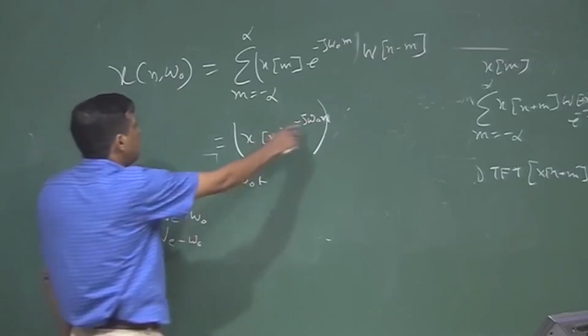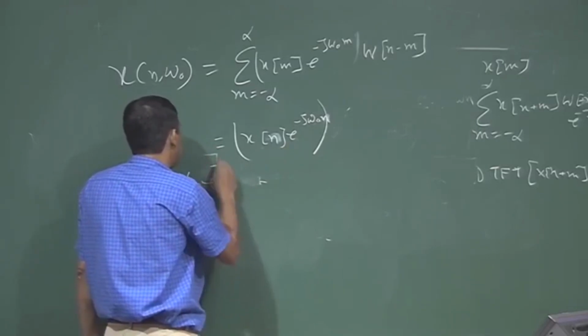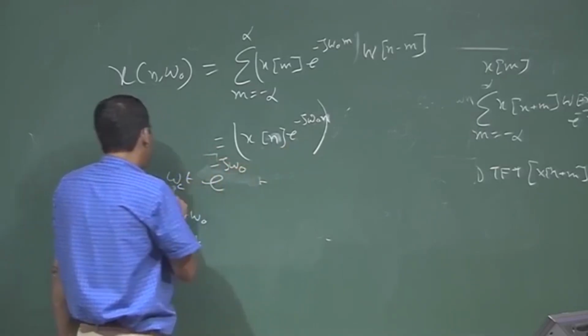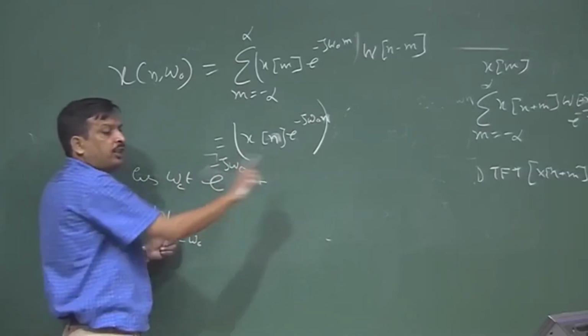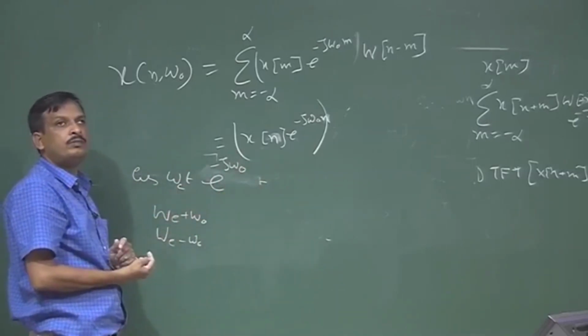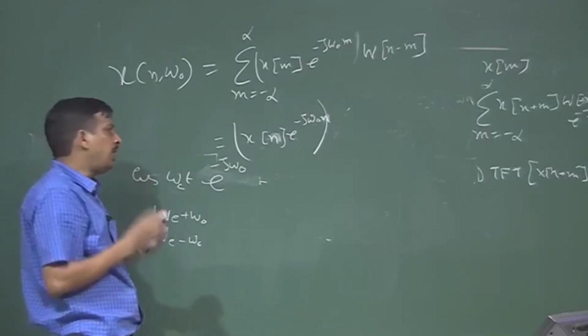If instead of cos I multiply with the complex exponential, then omega c will be shifted to omega 0.